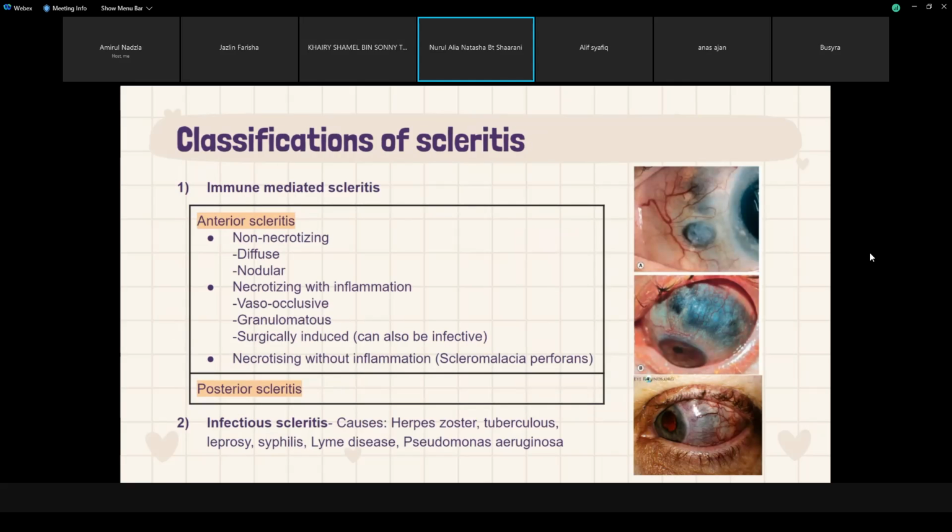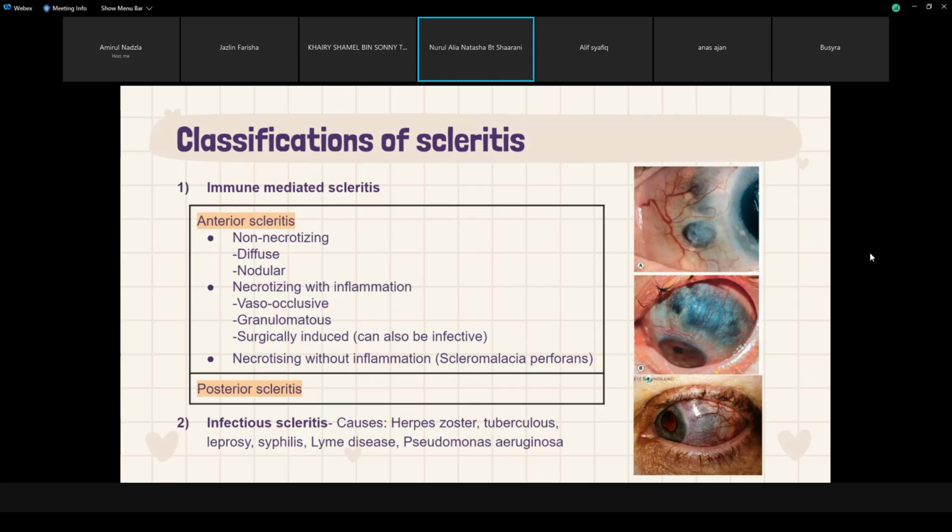So, scleritis is divided into two, which is immune-mediated scleritis and also infectious scleritis. The immune-mediated scleritis is divided into anterior and also posterior scleritis. Anterior is divided into non-necrotizing, necrotizing with inflammation, and also necrotizing without inflammation, or the other name is scleromalacia perforans.